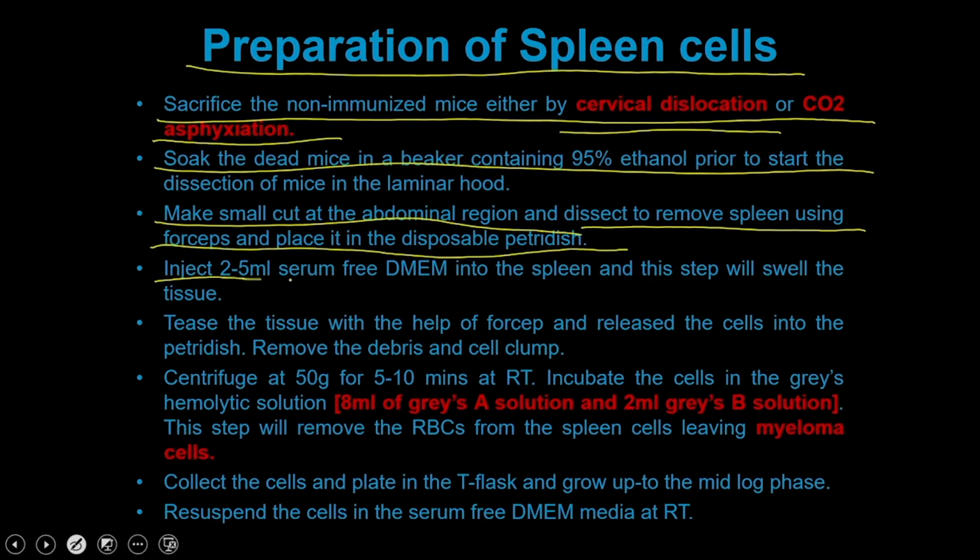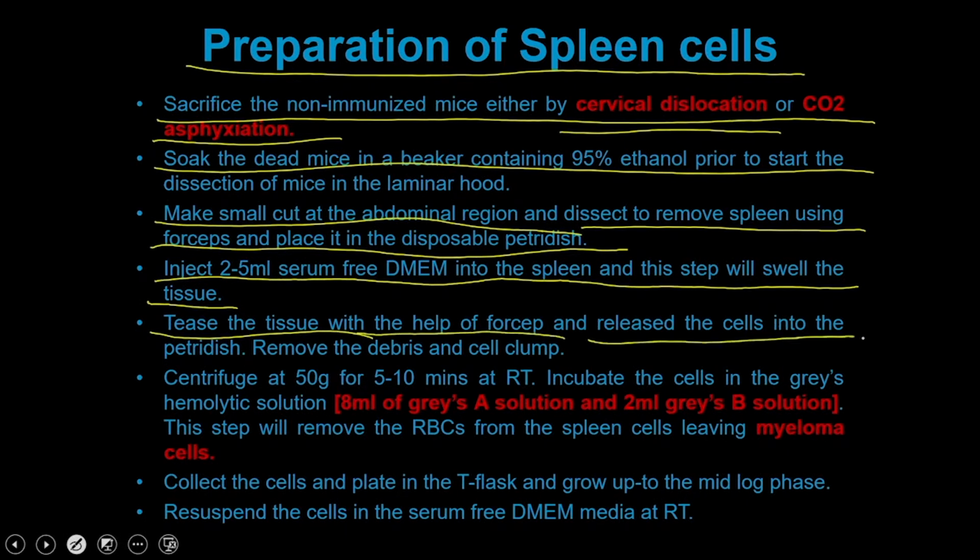Then you inject 2 to 5 ml serum free media into the spleen, and this step will swell the tissue. Then you break the spleen with the help of the forceps and release the cells into the petri dish. Then you remove the debris and cell clumps.